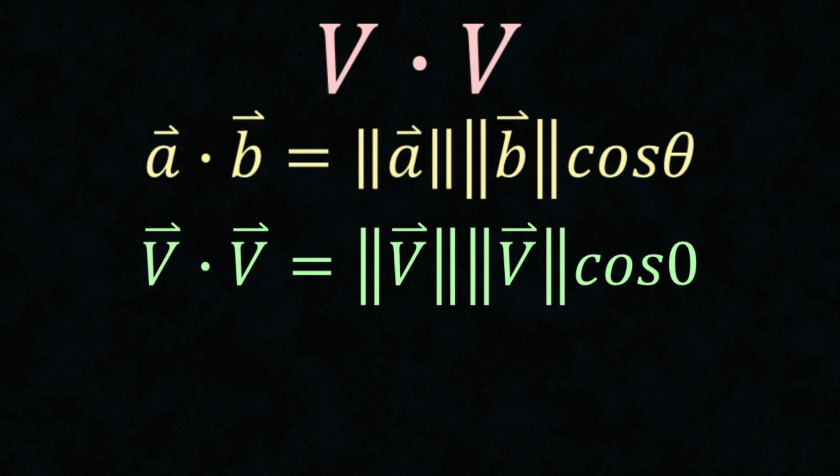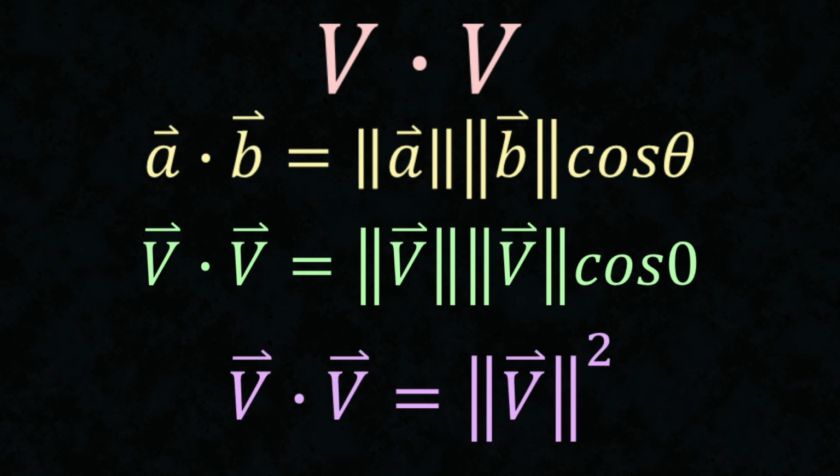If you have v dot v, the angle between a vector and itself is 0, and the cosine of 0 is 1. So that term just goes away, and so then you just have the magnitude of the vector times itself, which is the length squared of the vector. And actually, in the procedural texture filters, there's a function that gives the length squared. And so I could have just used that, but I decided to stick with v.v in this example.